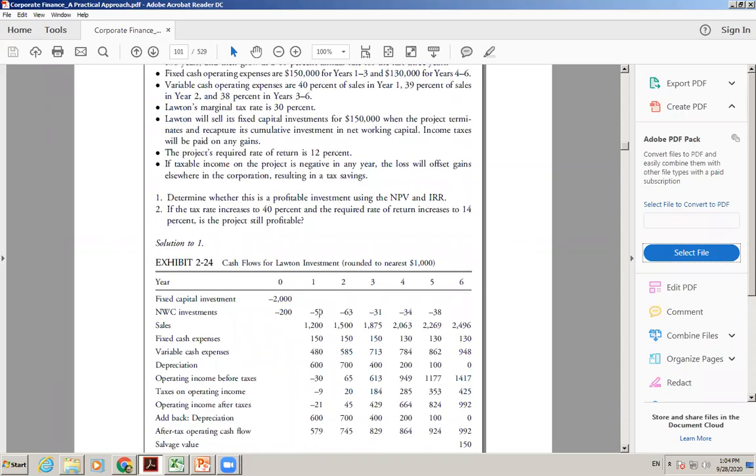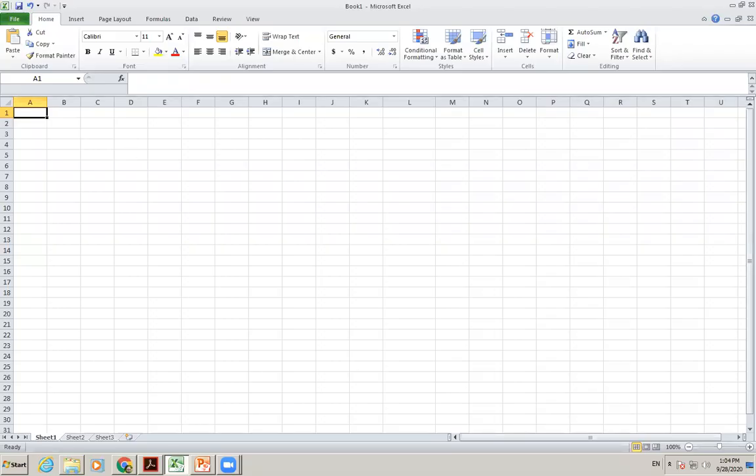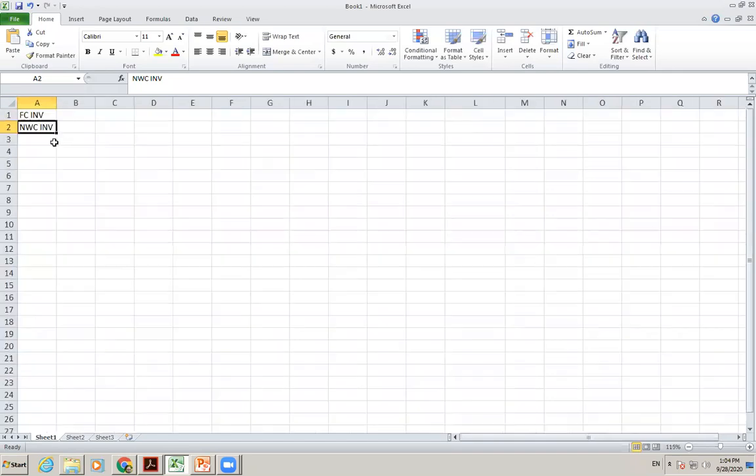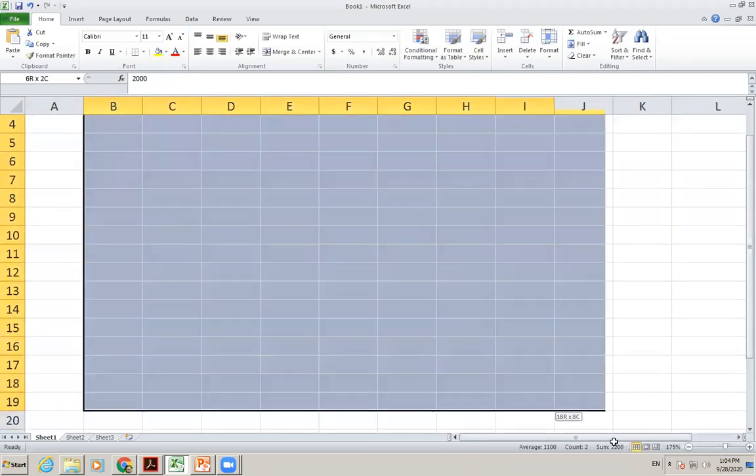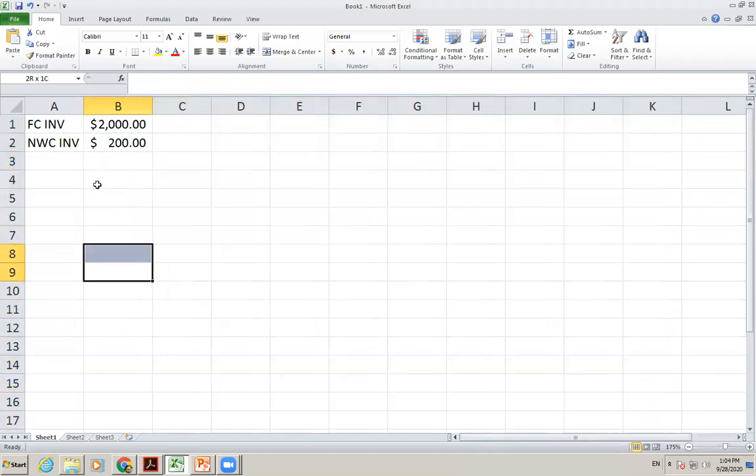Now let's do it. I have fixed capital investment and net working capital investment, so it's 2,200,000. I'm going to dollarize it. Of course, this net working capital is the cumulative one.